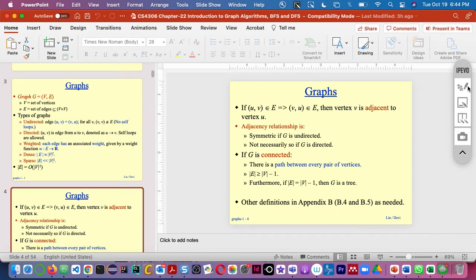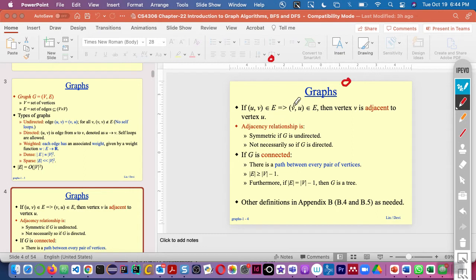For instance, if we have one node, two nodes, another node over here, and another node over here, they seem to be close, but they are not connected.